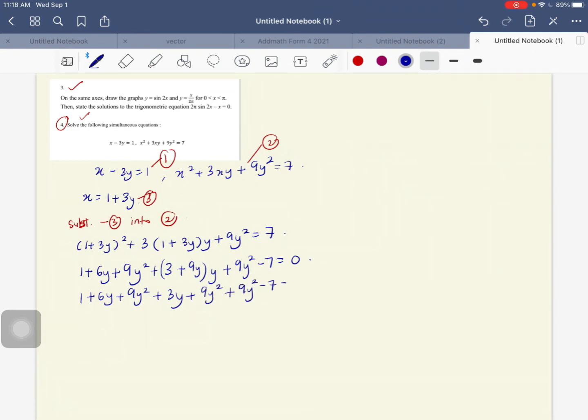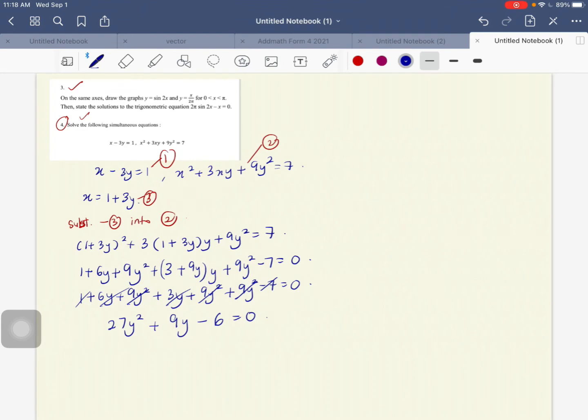So we have 9y squared here, 9y squared here, and 9y squared here. So you have 27y squared plus 6y and 3y, which is 9y, plus 1 minus 7, which is negative 6, equals 0.